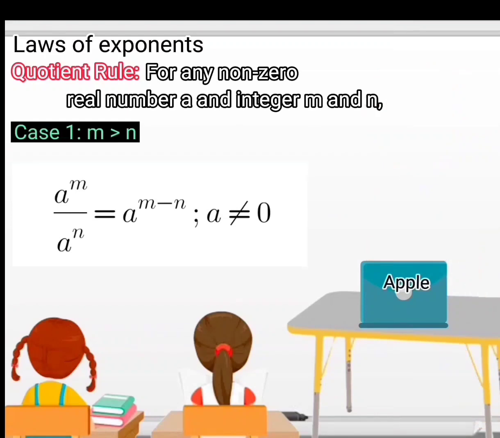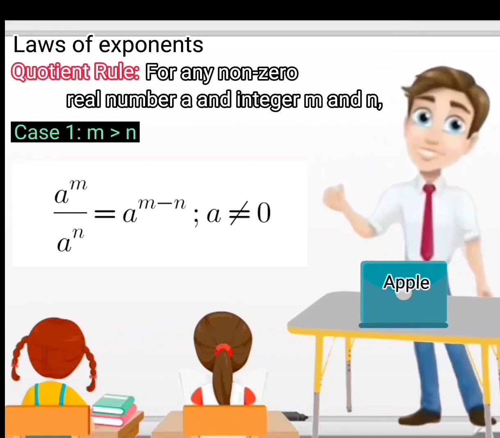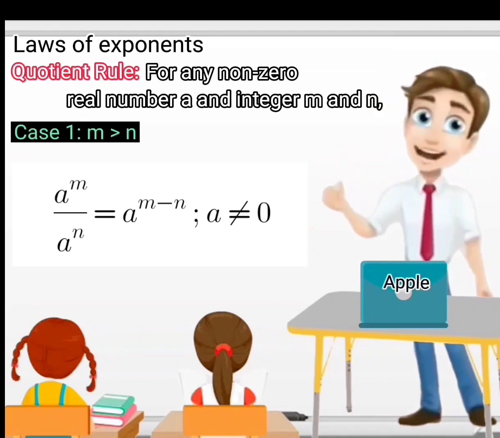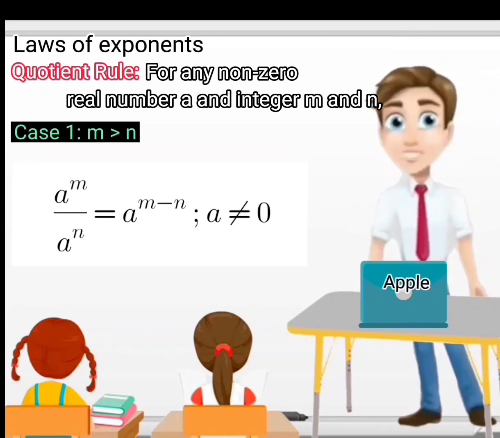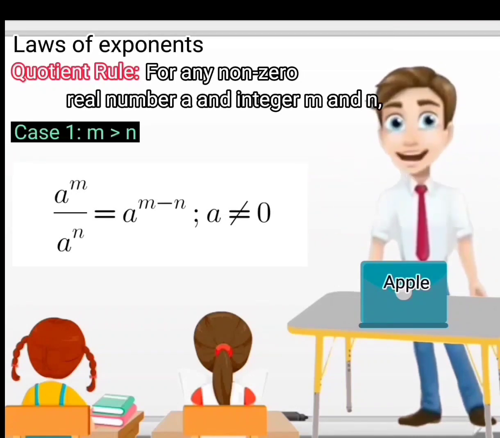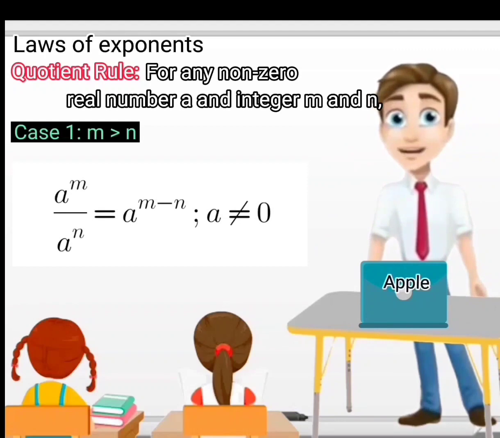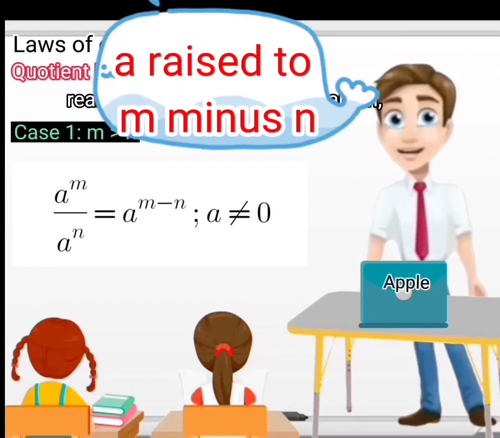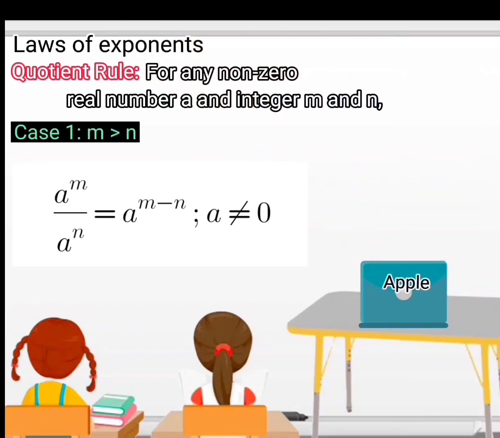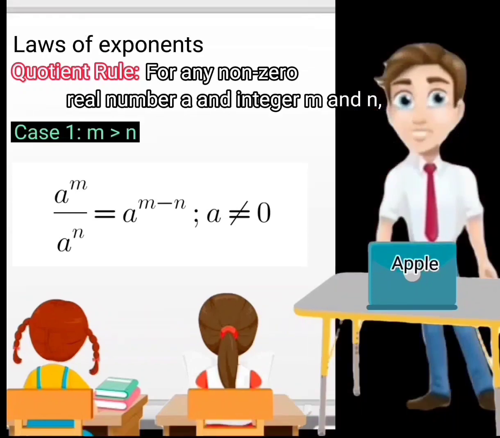If the numerator and denominator have the same base, kopyahin mo lang yung common base which is a, and then i-minus mo yung exponent sa denominator na n dun sa exponent ng numerator na m. So that is a raised to m minus n. At of course, meron tayong restriction dito where a is not equal to 0.